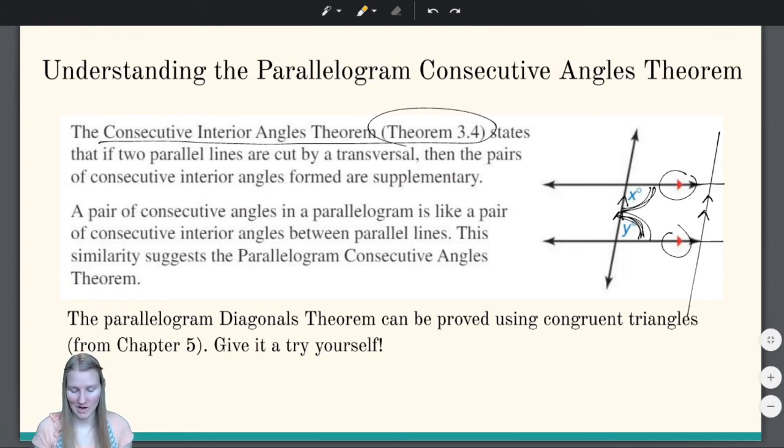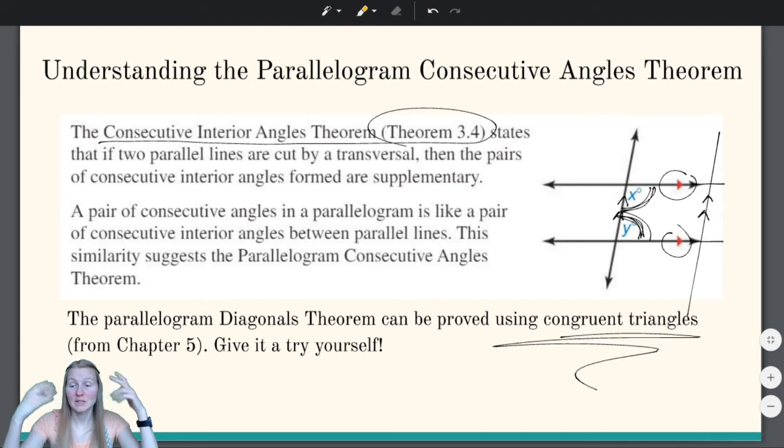Also, all of these theorems can be proved using congruent triangles from chapter 5. So if you want more of a challenge, see if you can prove any of these things using the congruent triangles from chapter 5. So that's a little bit of background info behind the parallelogram consecutive angles theorem.